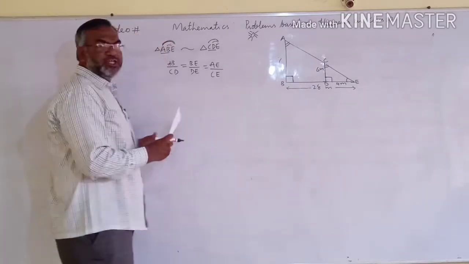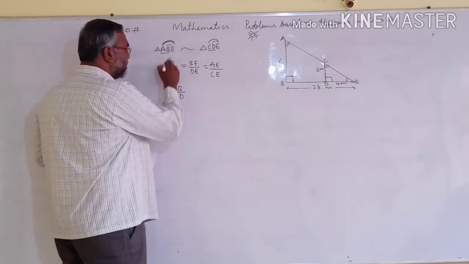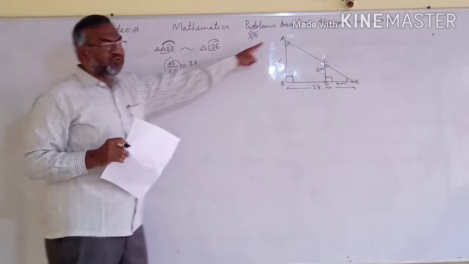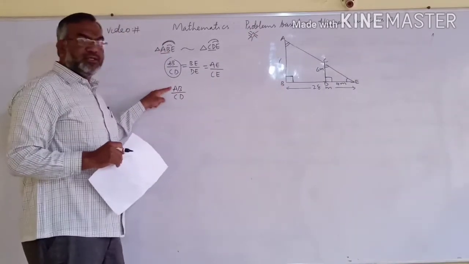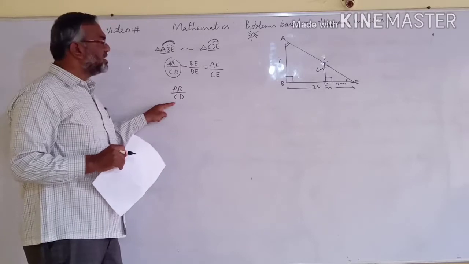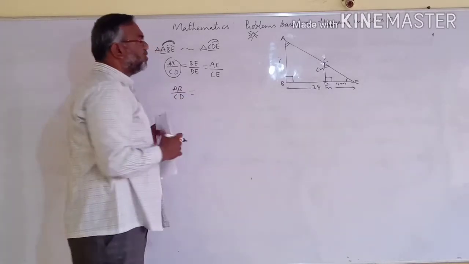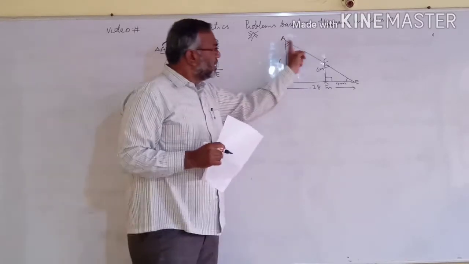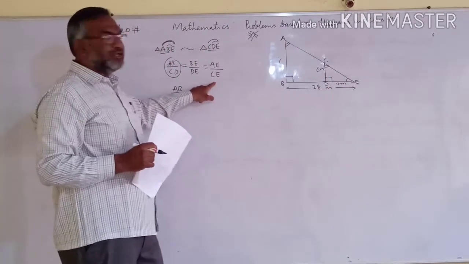Here we have to find AB, so we take the ratio AB divided by CD, because AB, the height of the tower, is present in this one. Do not take AE and CE. Why?